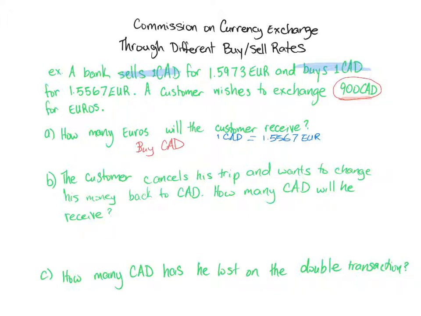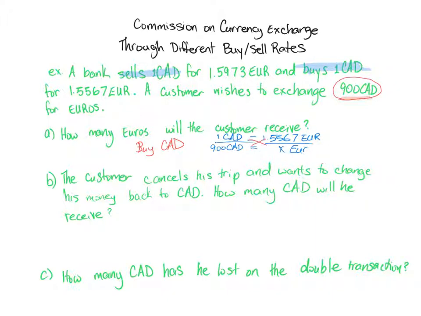Now we're going to set up a proportion. This guy has 900 Canadian dollars, so I'm going to line that up under the Canadian dollars here. Remember, when we set up our proportion, we want Canadian dollars over Canadian dollars and euros over euros. So that's equal to some unknown number of euros. We don't know it yet, so we're going to have to cross multiply to figure that out.